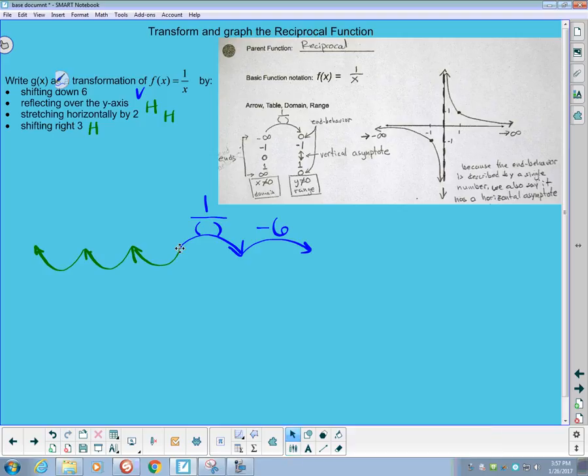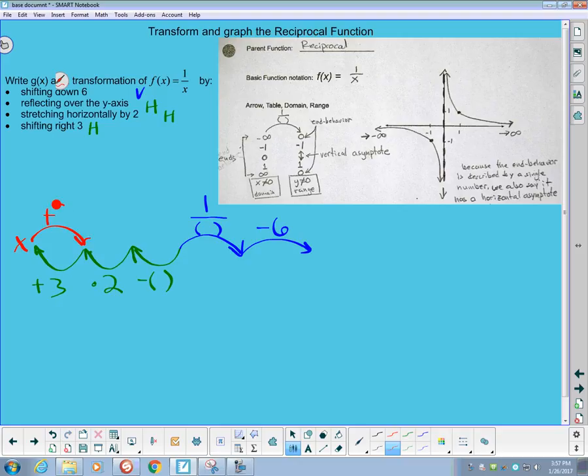Reflecting over the y-axis, reflections are sign changes. Stretching is multiplication by 2, and shifting right 3 would be adding 3. So if we now want to build the function, we start with the x over here.